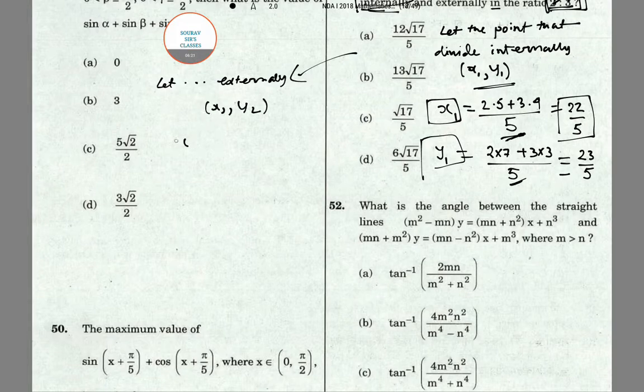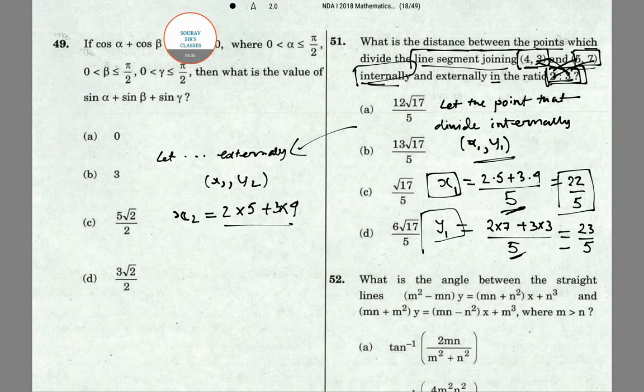Now we can find the value of x2, which will be equal to (2 into 5 minus 3 into 4) divided by, instead of 5 we'll write minus 1. So whose value will be equal to 2. Similarly we can find the value of y2, which will be (2 into 7 minus 3 into 3) divided by minus 1, whose value will be minus 5.